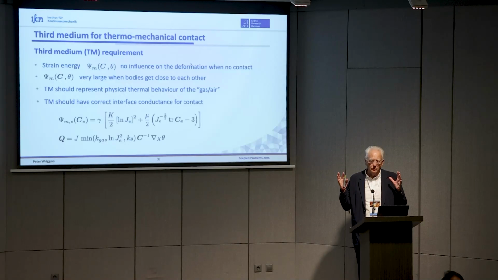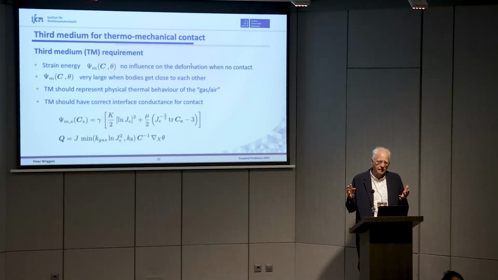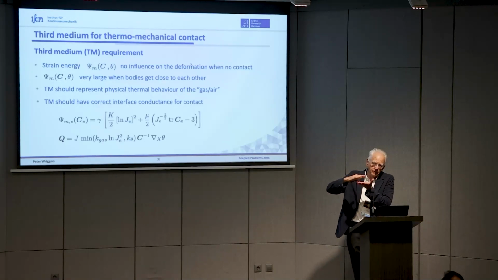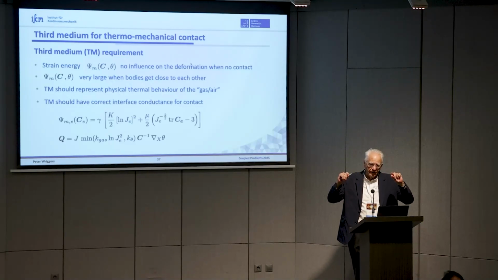If you do thermomechanical contact, you always have three parts in the contact area, because due to the roughness of the surface you basically obtain: the spot conductance, where the spots really come into contact, then the gas conductance, and the third one would be radiation.